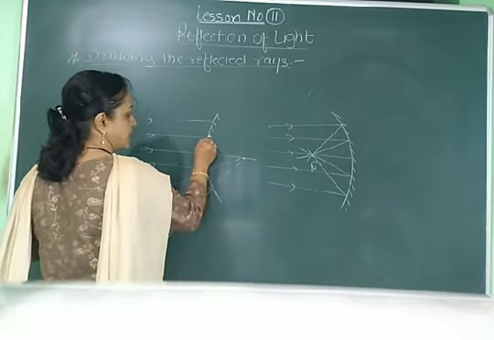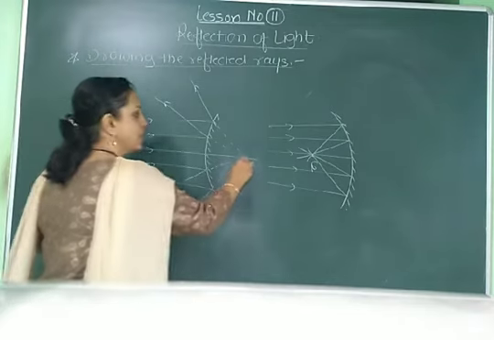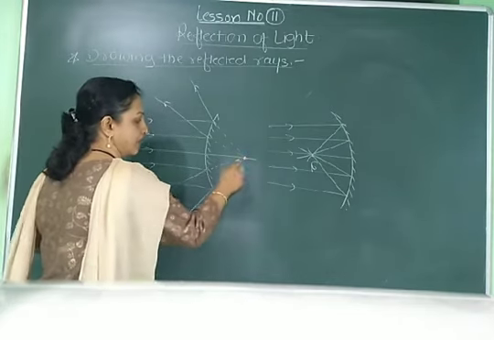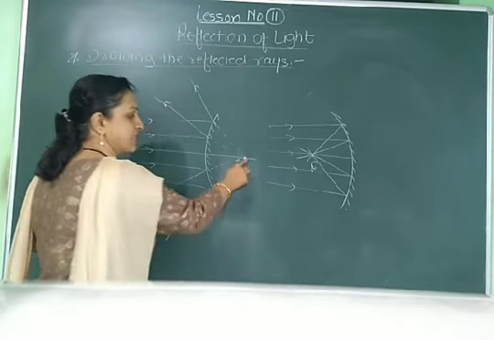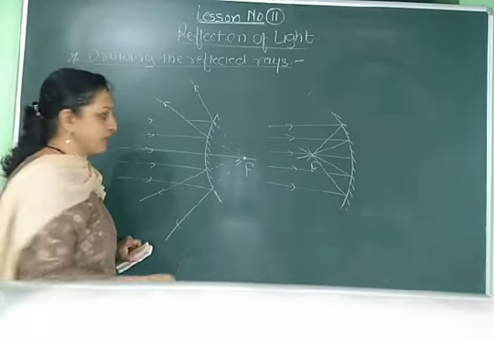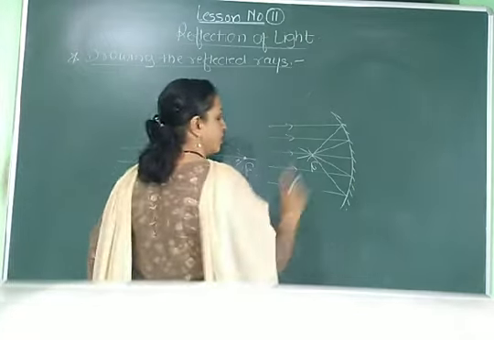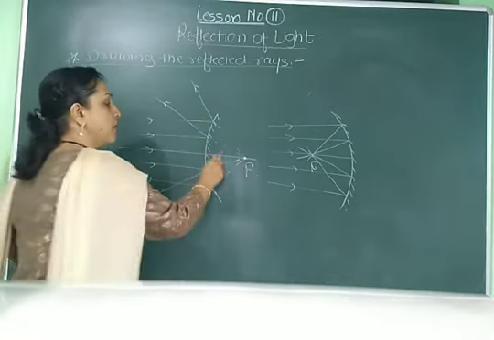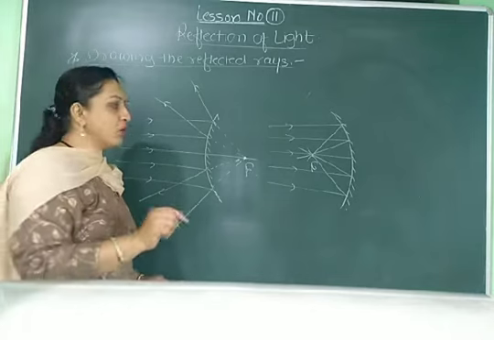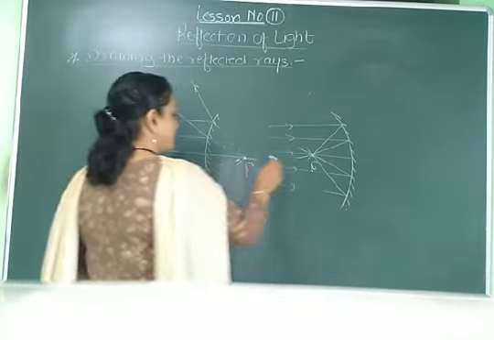All these reflected rays are imagined to be emerging from this single point behind the mirror, and that point is called the principal focus of the convex mirror. So this is the principal focus for the convex mirror, and this is the principal focus for the concave mirror. Remember, both these principal foci lie on the principal axis.